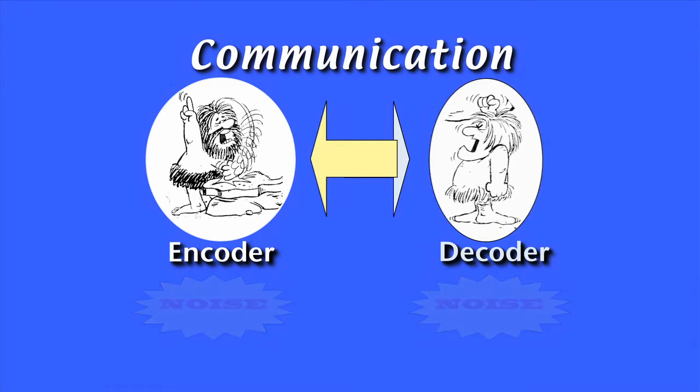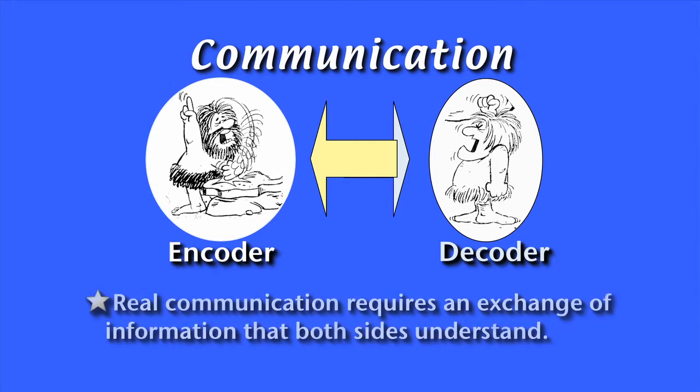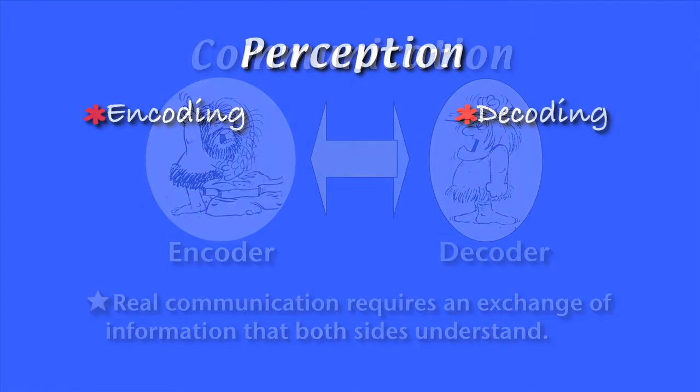Nelson Mandela is quoted as saying, "Speak to a man in a language that he understands, and you can reach his mind. Speak to a man in his own language, and you can reach his heart." Real communication requires an exchange of information that both sides understand. What causes noise? It's a perception difference.